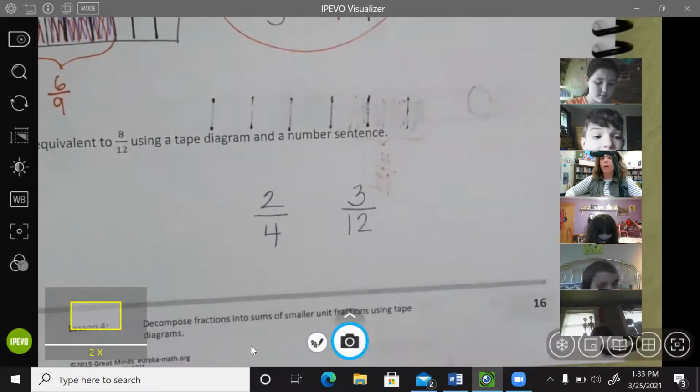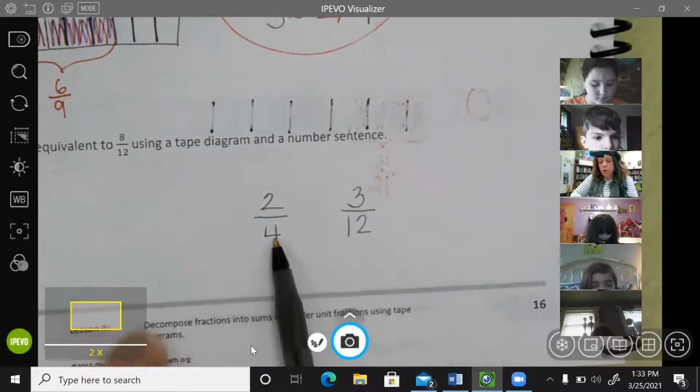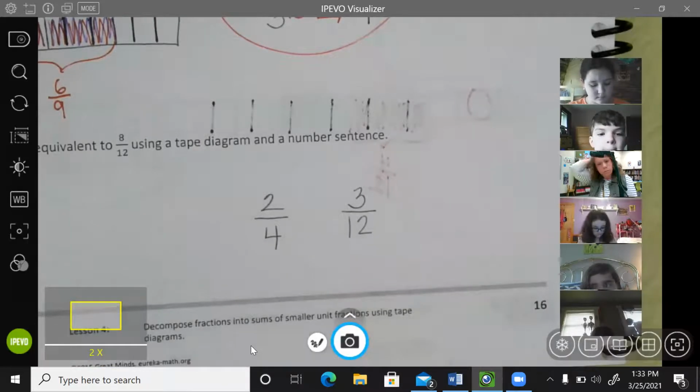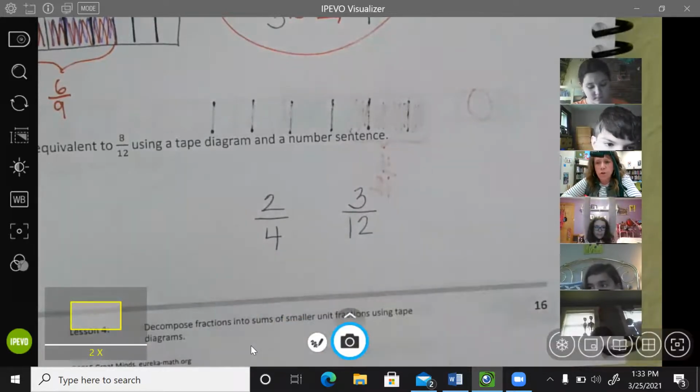So you might come across a problem sometimes that says, are these fractions equivalent? So I have 2/4 and 3/12. There's a couple different ways you can think about this. But if you want to go with what we've been practicing, I'm going to say, okay, I like to start in the bottom. So Colin, does 4 times anything give me 12?